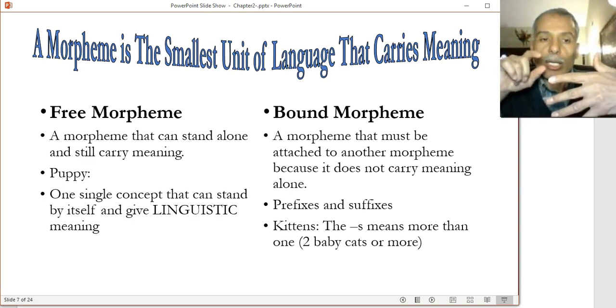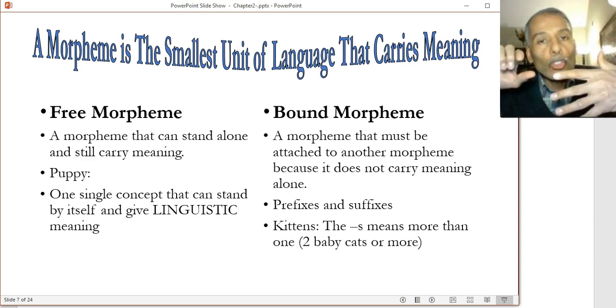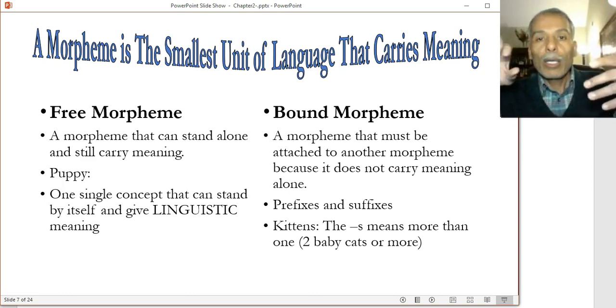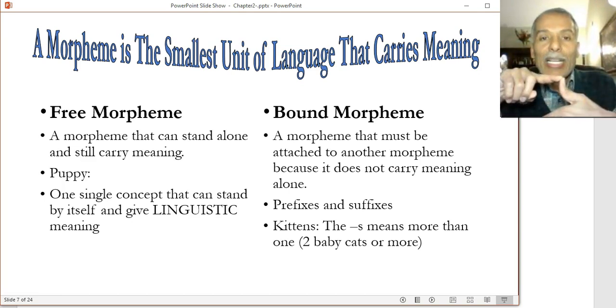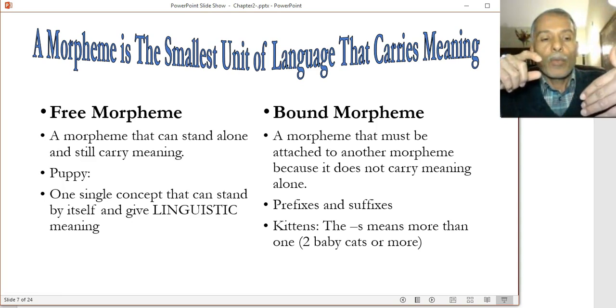How do you string individual words, morphemes, together in a sequence, in a certain order, in order to express one single idea? One sentence means one single idea. What rules do you use? So these are syntax.